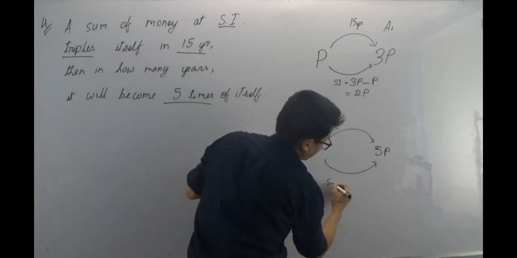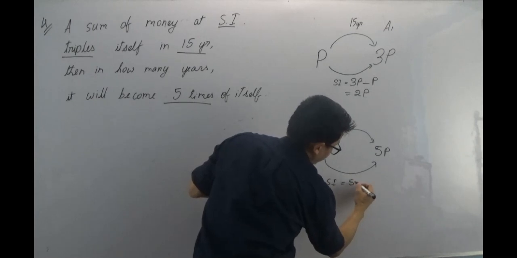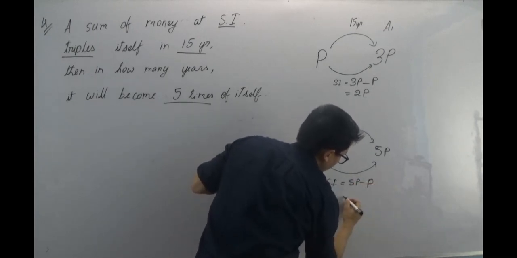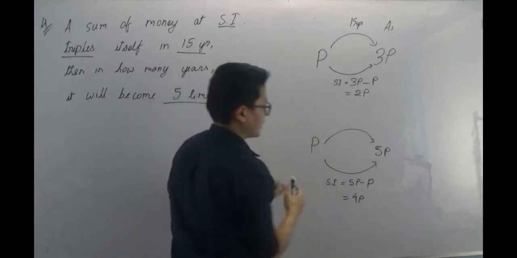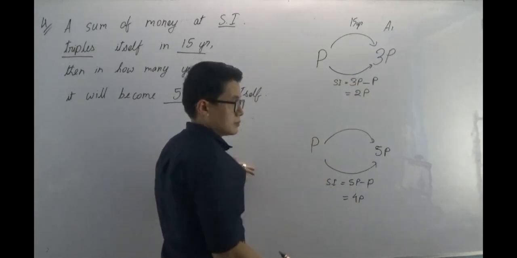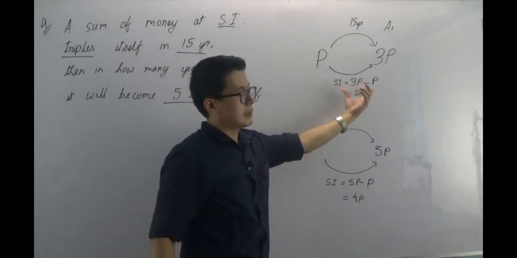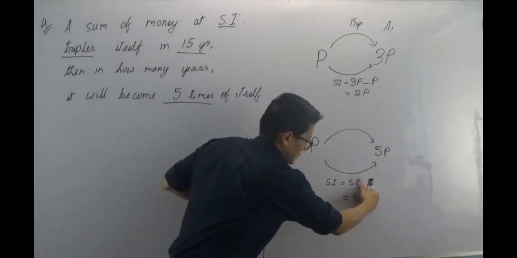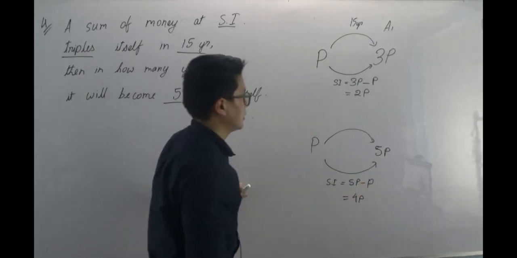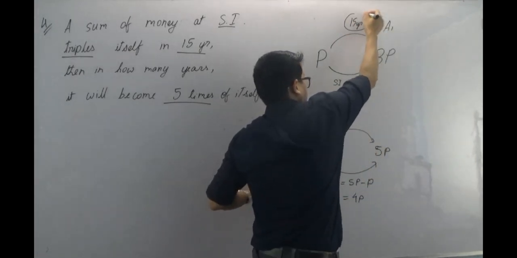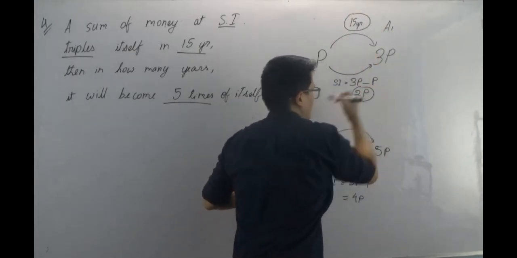Simple interest is 5P minus P, that is 4P. I am writing it out in detail just for your understanding. So it takes 15 years to get an interest of 2P.